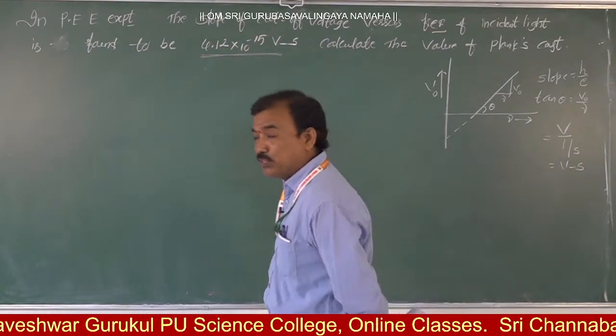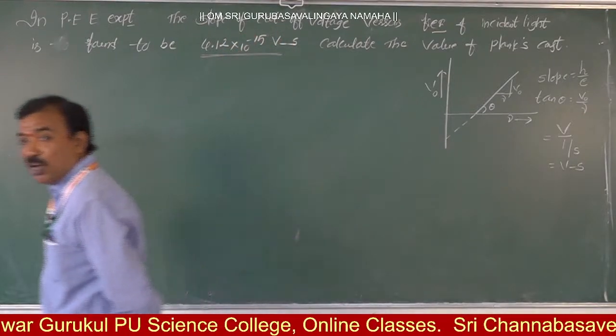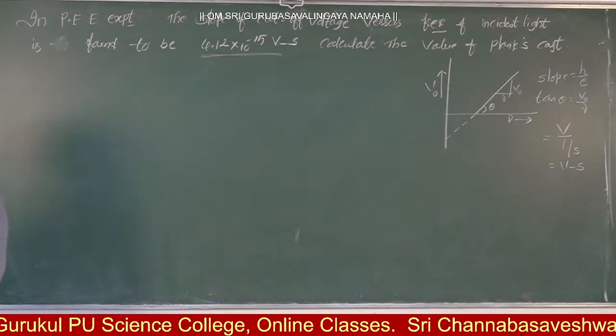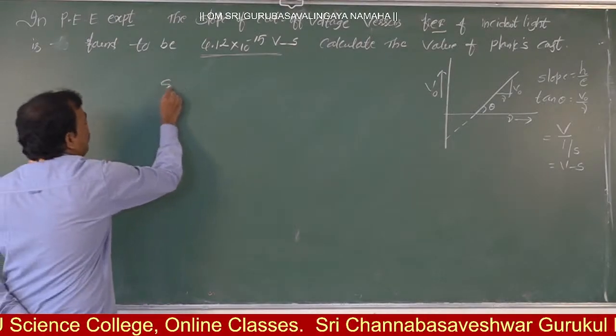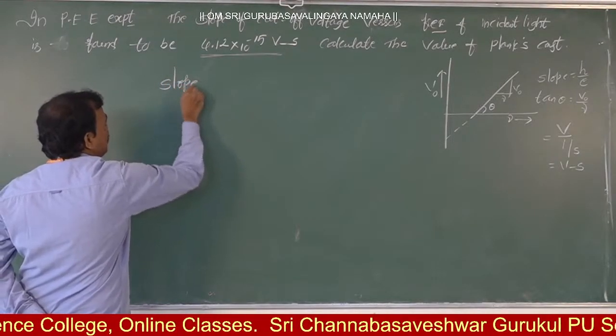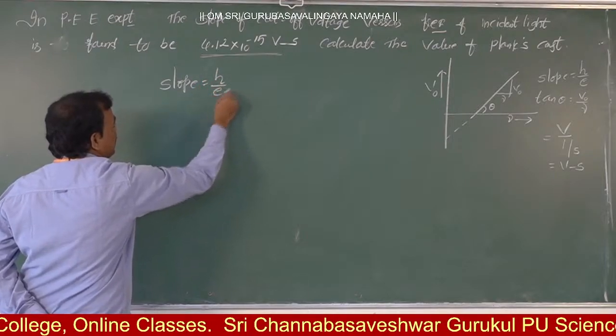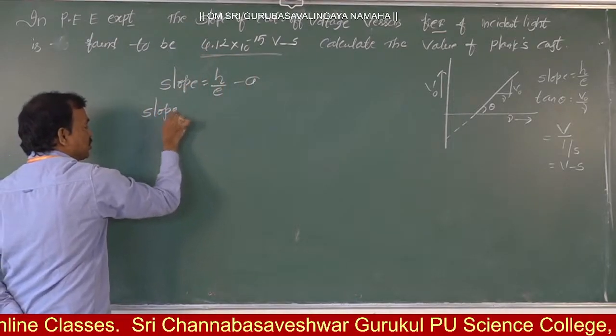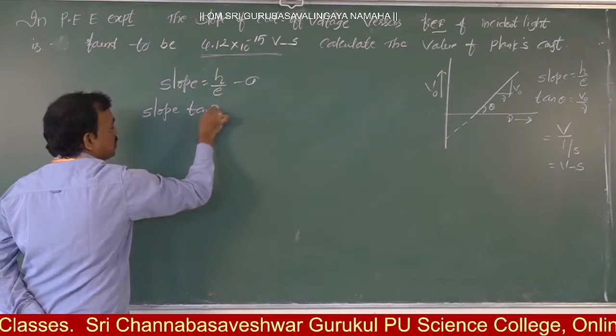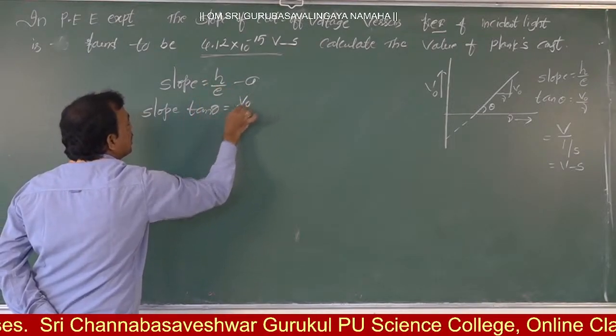So now in this question, what is the Planck's constant? What is the equation here? One, the slope is equal to h by e. This is the first equation. The second one: slope is equal to tan theta, which is V naught by nu.